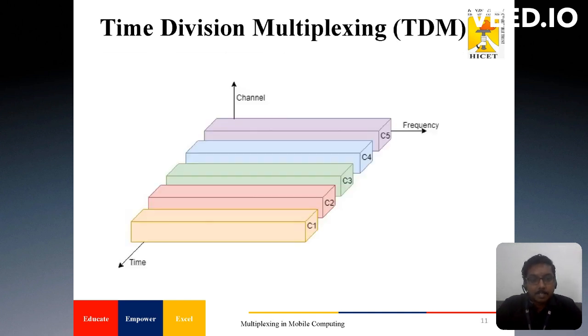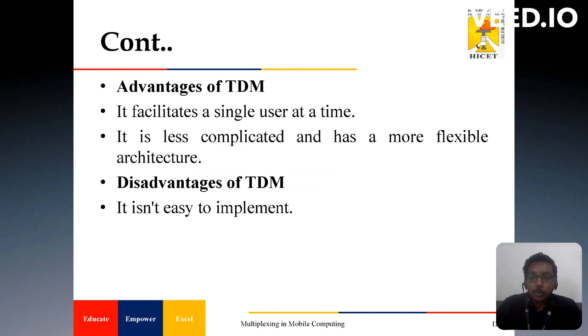This is a simple diagram that shows the time division over the frequency. What are the advantages here? Time division multiplexing can facilitate a single user at a time, and the complication and flexibility are very low. It also has disadvantages in implementation.